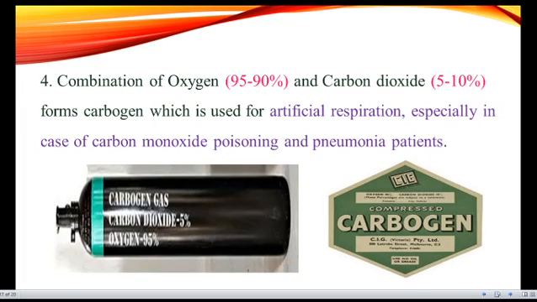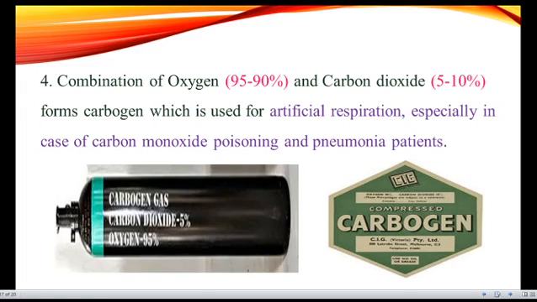Okay children, the next one is an important one. The combination of oxygen and carbon dioxide: 95% of oxygen and 5% of carbon dioxide forms carbogen. This mixture is called carbogen, which is used for artificial respiration, especially in the case of carbon monoxide poisoning and also for pneumonia patients.